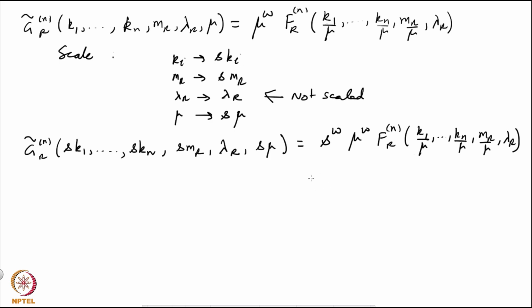So when you change the scale of all these dimensionful objects, what you get is again this mu to the omega F n R, that is G tilde, right? So I will just write for this product G tilde n R of k1 up to kn and MR, lambda R, mu.